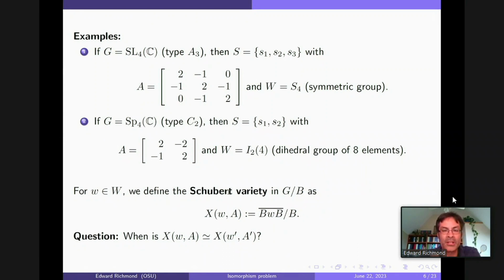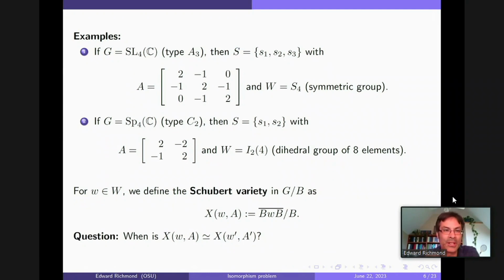I know I've already defined Schubert variety, but I'm going to define it again. This time, since we're looking at the complete flag variety case, I'm going to drop P completely from the picture. But I am going to introduce this notation, where a Schubert variety will be indexed by W and the Cartan matrix A. This is a little bit sketchy in the sense that every G uniquely determines a Cartan matrix, but there can be several different G's that have the same Cartan matrix.